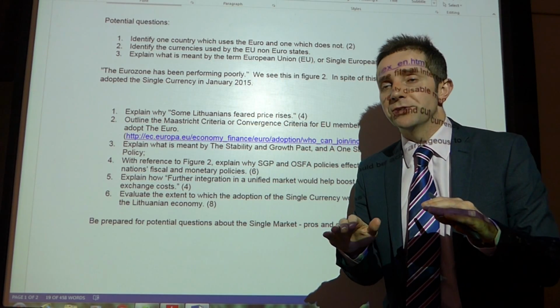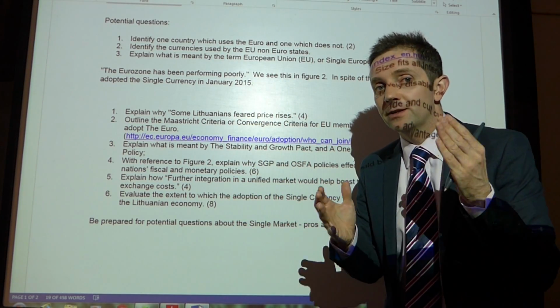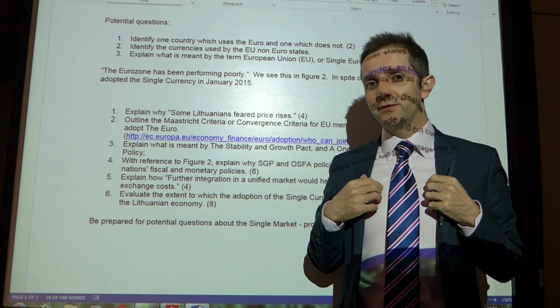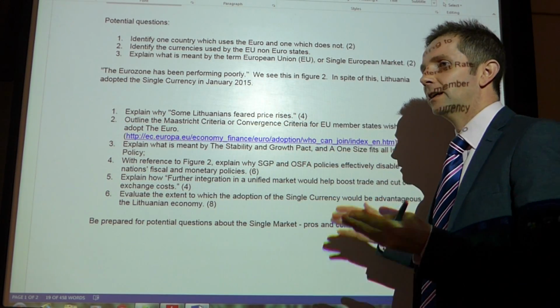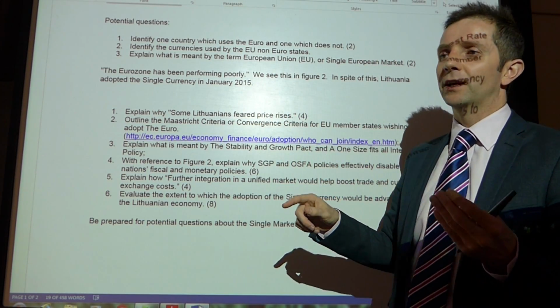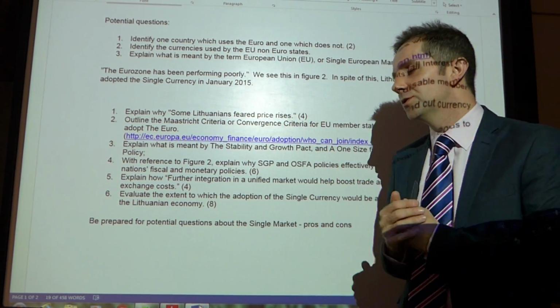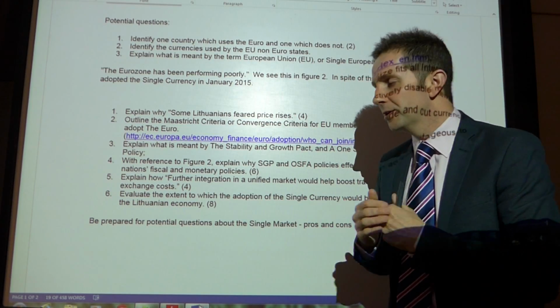When you've got one currency and they're all fixed against one another, this of course is very, very beneficial to trade. It's also very beneficial if you're a tourist and you're travelling. You don't have to change your currency from the Spanish peseta to the French franc to the Italian lira and so on and so forth. So this is also good for tourism.